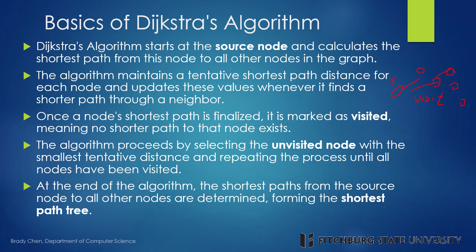At the end of the algorithm, the shortest path from the source node to all other nodes is found, forming a shortest path tree. All the nodes are connected, with the source at the root and all the shortest paths running through to its leaves, if you will.